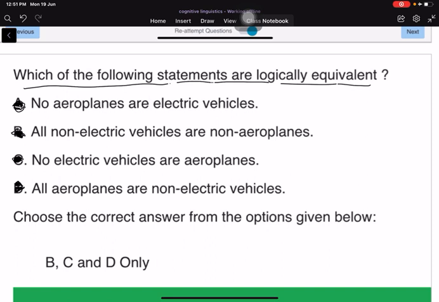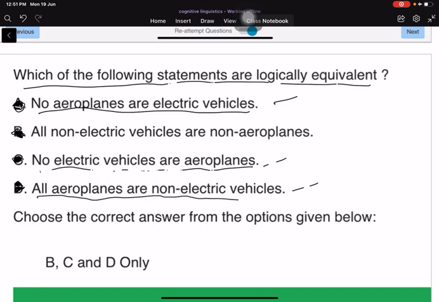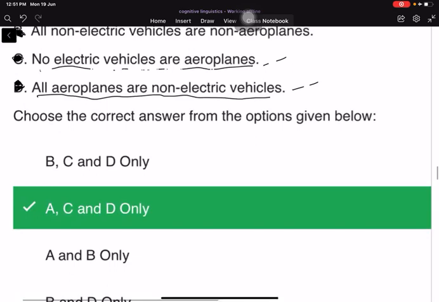No airplanes are electric vehicles, no electric vehicles are airplanes, and all airplanes are non-electric vehicles. So A, C, and D.